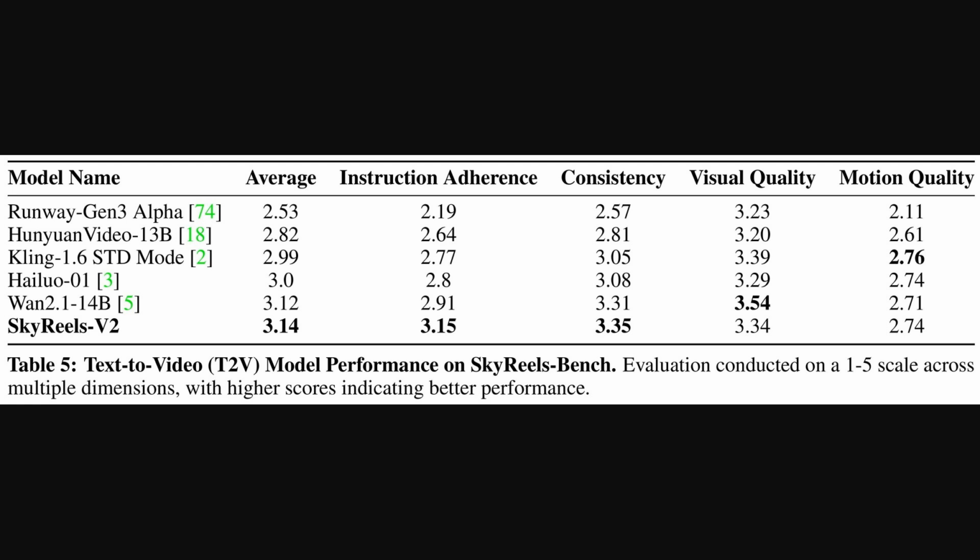You can see SkyReels-V2 achieves the highest average score of 3.14. It's particularly strong in instruction adherence, meaning how well it follows the text prompt, with a score of 3.15, and also in consistency at 3.35. This really highlights how that superior captioning ability we just talked about helps SkyReels-V2 generate videos that accurately reflect complex requests.